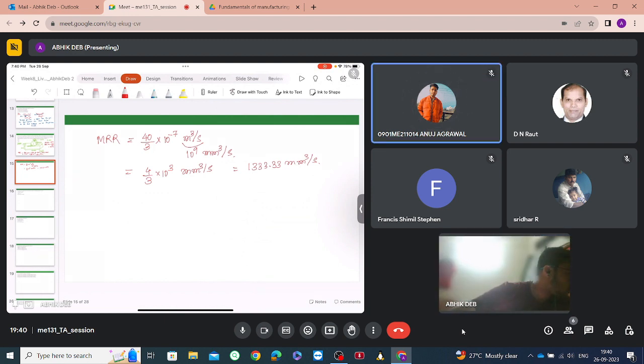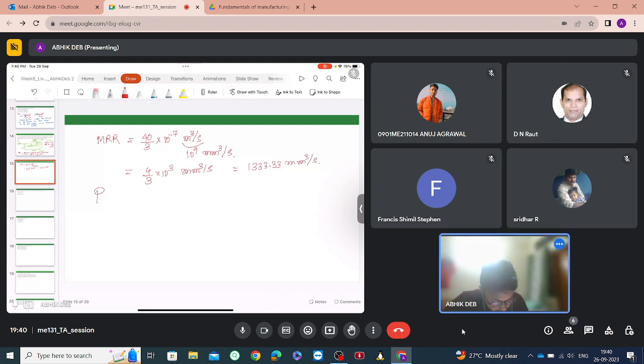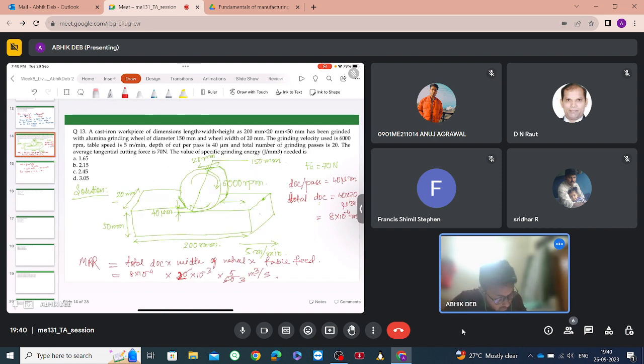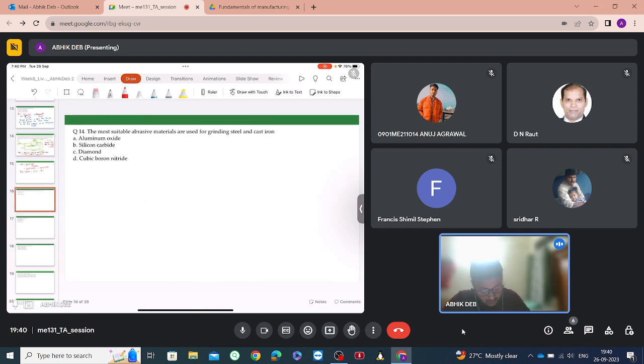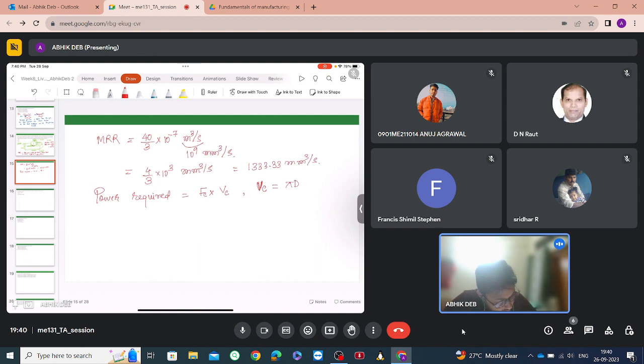Yes, sir. Okay, so the power required is equal to the cutting force multiplied by the cutting velocity. What is the cutting velocity? The cutting velocity is given as pi D N by 60. So pi multiplied by the diameter, 0.15 meters, multiplied by 6000 revolutions per minute, divided by 60.